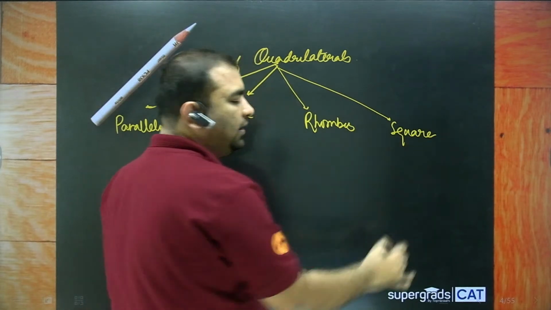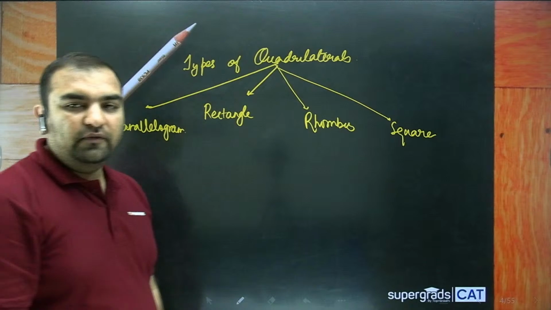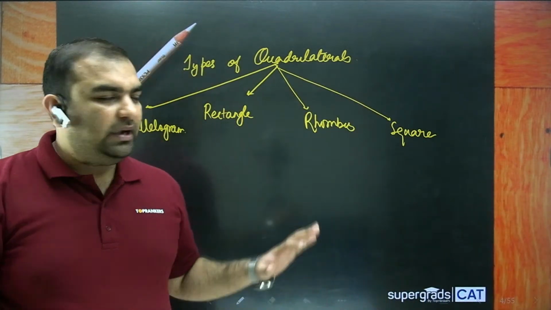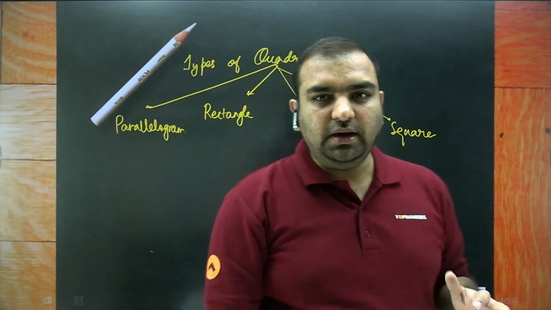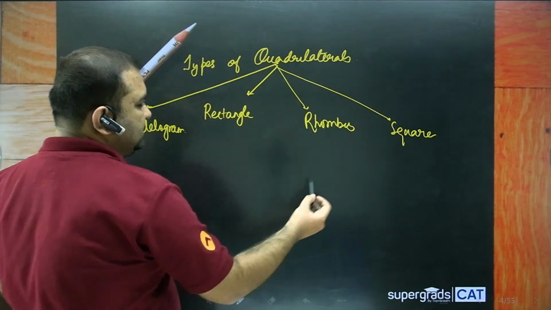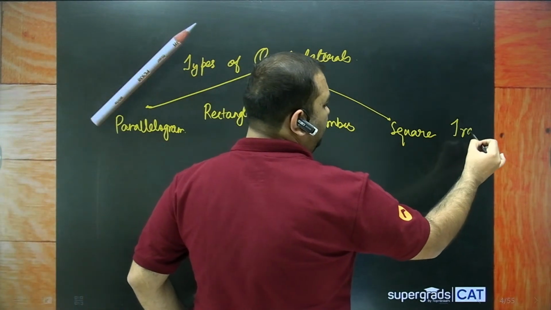We can categorize them as trapezium as well as kite as well. But majorly, the questions are asked from here only. Trapezium.